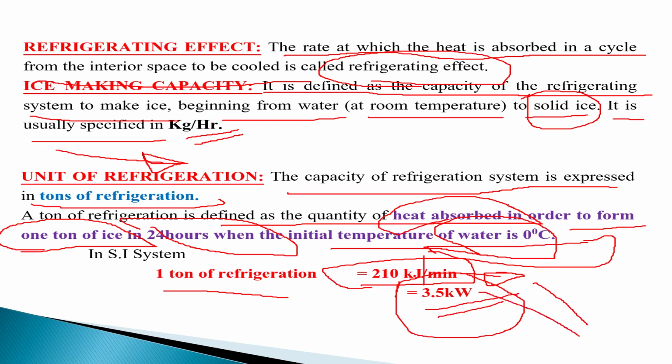At this rate, if you go on removing the heat from 1 ton of water at 0 degrees, after 24 hours we will get 1 ton of ice at 0 degrees Celsius. So on that basis, the refrigeration unit is defined as 1 ton of refrigeration.